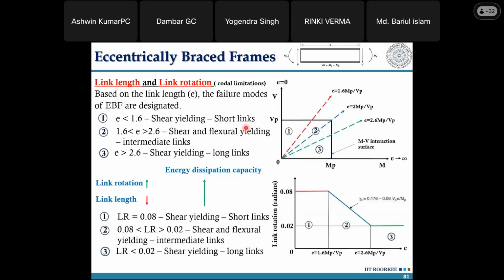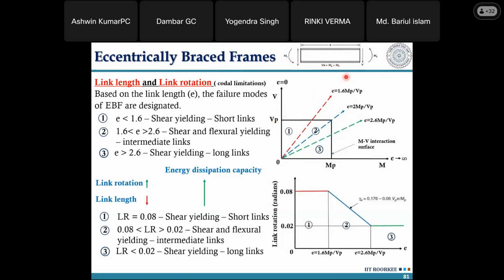Now, this is the most important slide that you have to understand. You have understood what is a link element. Let's say this is the link element, that small element between those brace elements is what is given here. So you can understand that when a lateral force gets applied here, let's say moments are getting applied, shear forces are there. I can use the couple, right? MA plus MB is equal to the shear force into the link length, right?